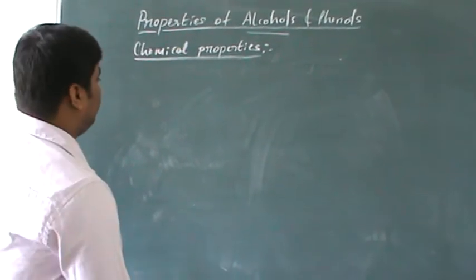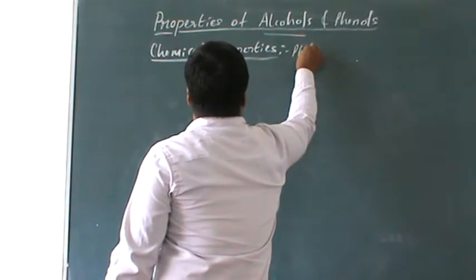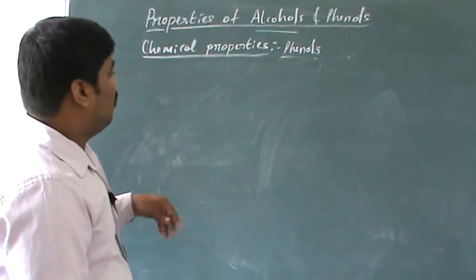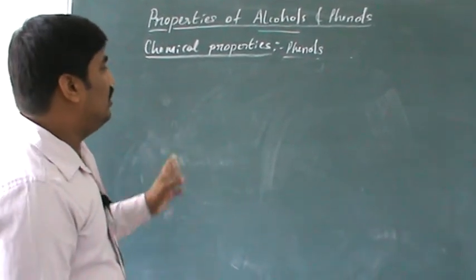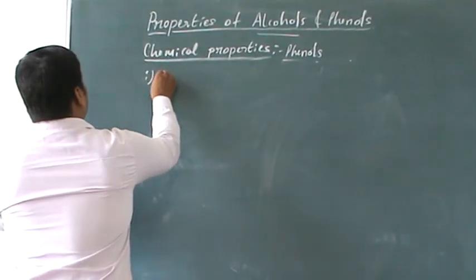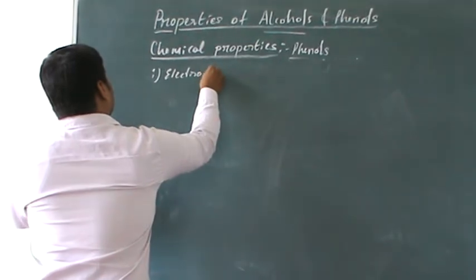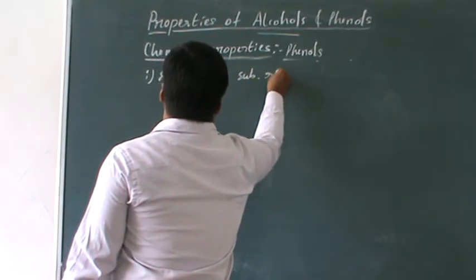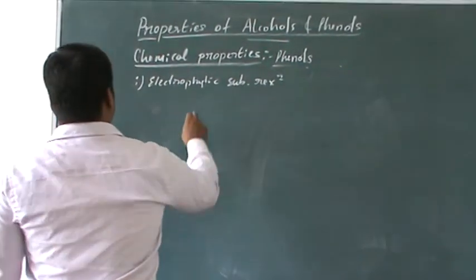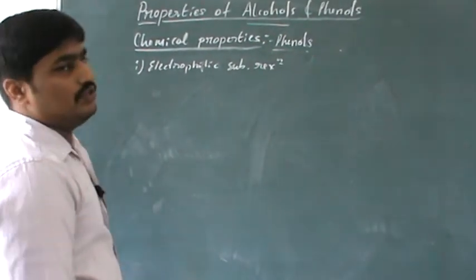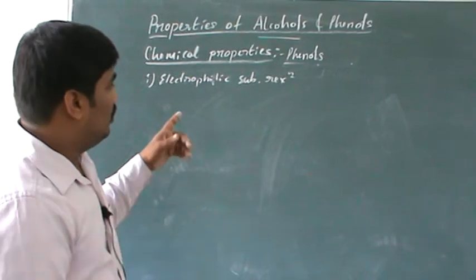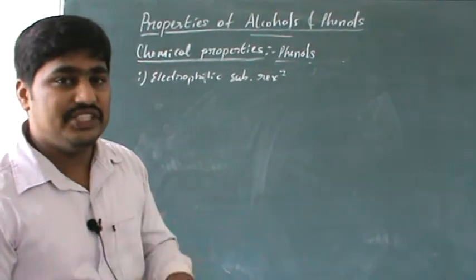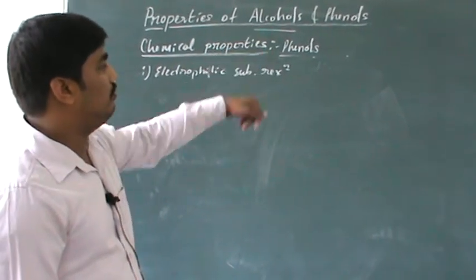The first chemical property of phenol is the easiest, and I think all of you are well known about it. These are electrophilic substitution reactions. I think all of you know the electrophilic substitution reactions of benzene. Similarly, electrophilic substitution of phenol takes place.